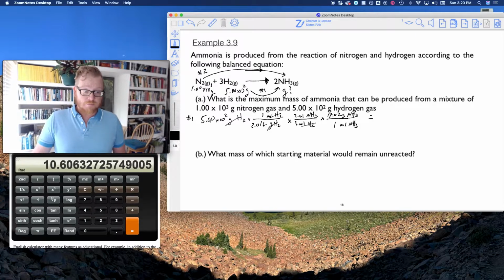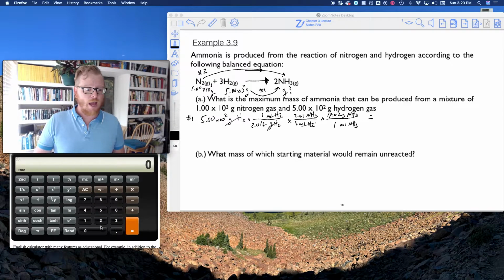So 500 times 10 to the 2, I can enter in this calculator by saying 5.00 E2, and look, it tells me 500, okay? That's what it's supposed to be. So 500 times 1 times 2 times 17.02.